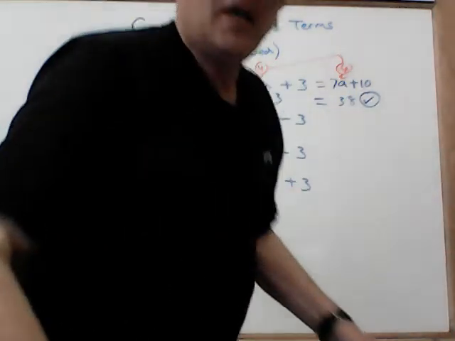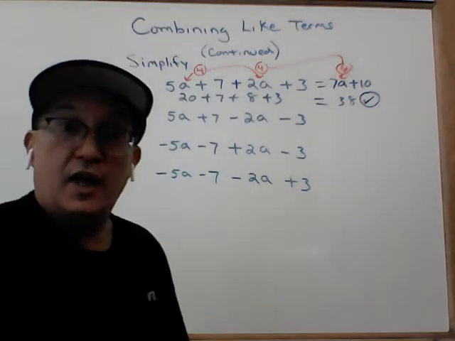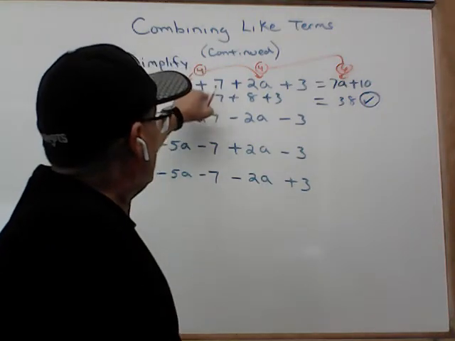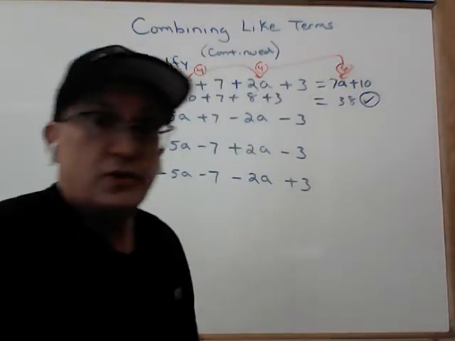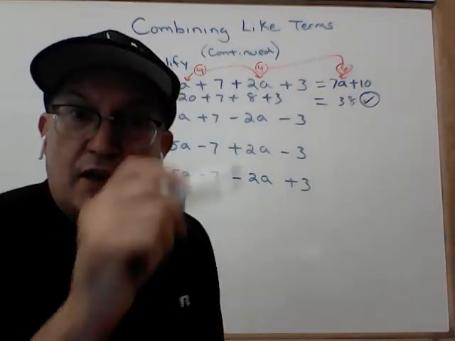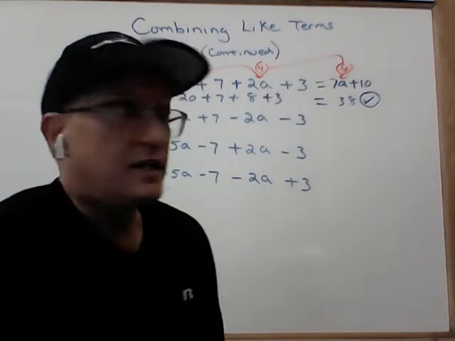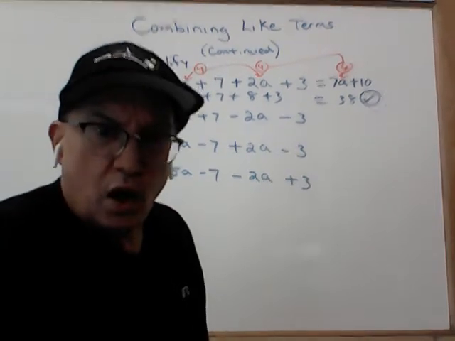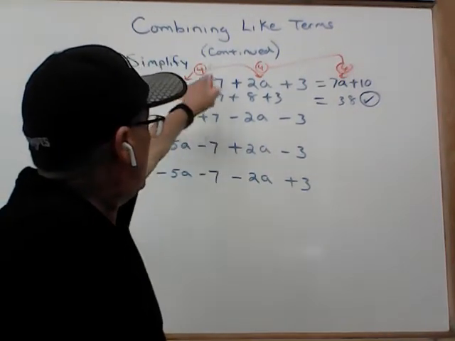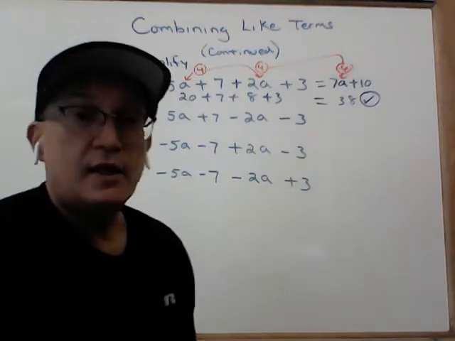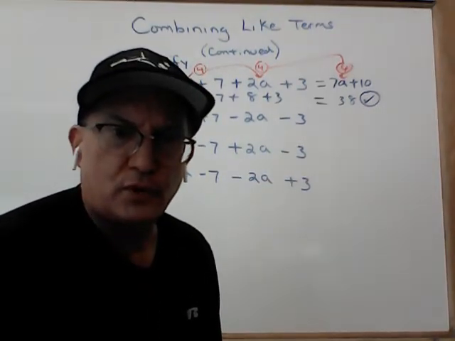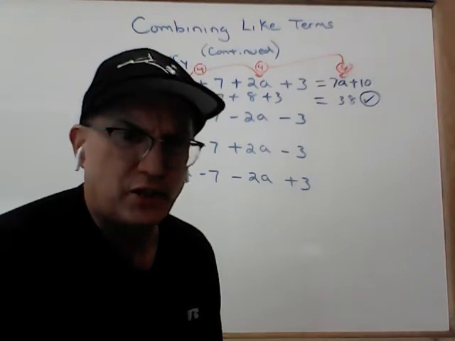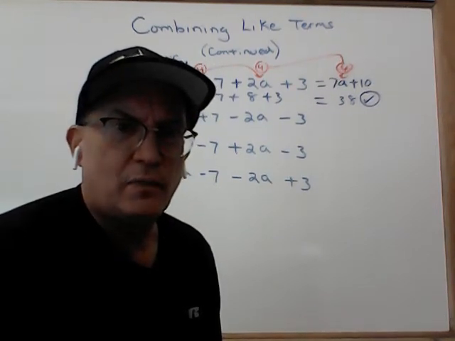And in fact, you could stay here until the end of time, choosing a number to put where this A is, this A is, and this A is, and the left side will always equal the right side. 7A plus 10 is always equal to 5A plus 7 plus 2A plus 3. It's known as an identity. True for all numbers. The two values are identical for any A whatsoever.